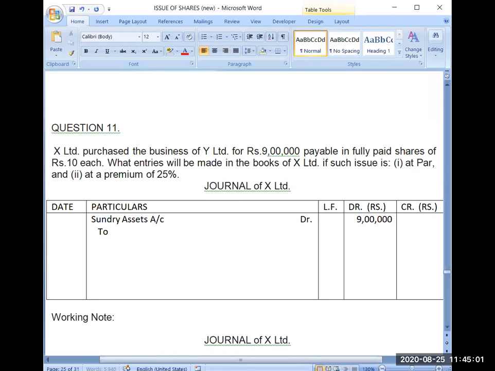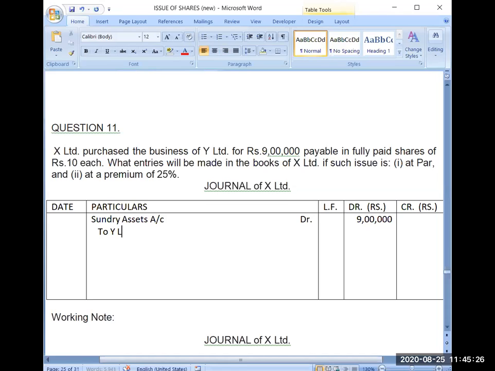To, now, from whom are we purchasing? Yes, Y Limited. From Y Limited we are purchasing. Most of the students generally write here X Limited.